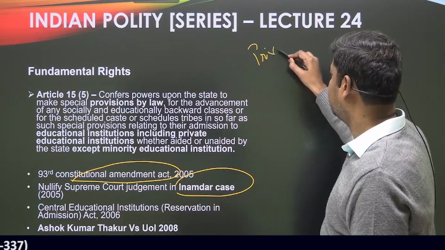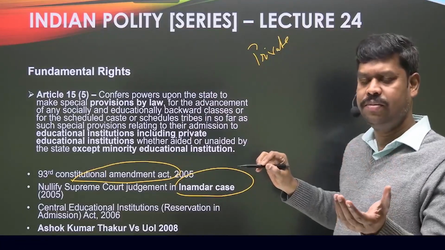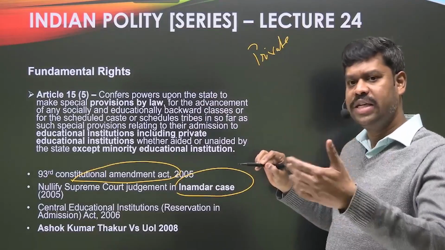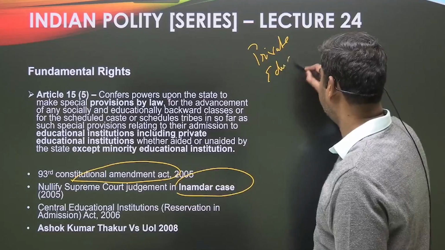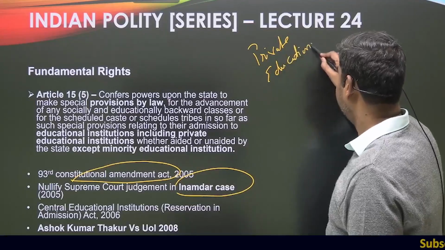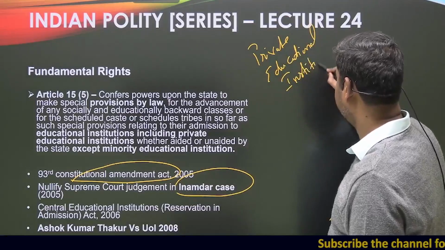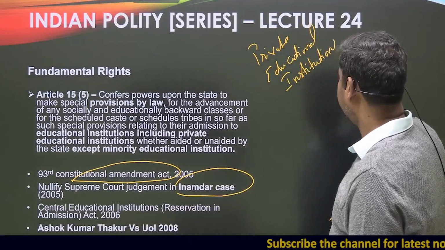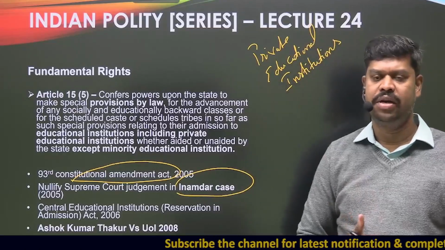Initially they started giving reservation only in the educational institutions run by the state, and then subsequently they expanded the scope of reservation to what is called private educational institutions. When the scope of reservation was extended to the private educational institutions, this was challenged in the Supreme Court, and that came to be what is called the Inamdar case.